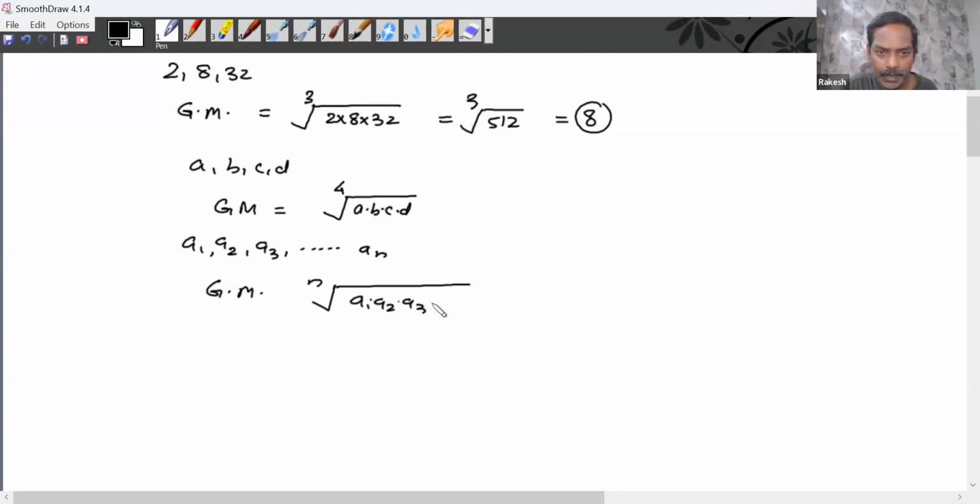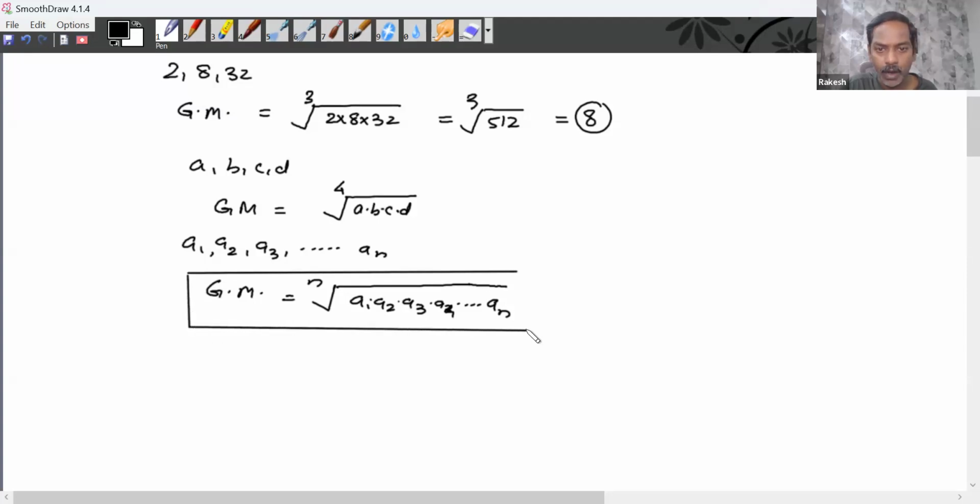We just multiply each of these numbers and take the nth root of it. This is the formula to find the geometric mean of any n numbers. All numbers have to be positive. Fair enough, right? So here the things are getting multiplied.